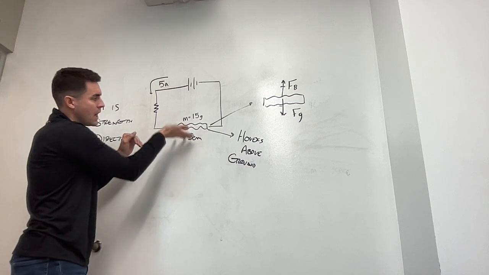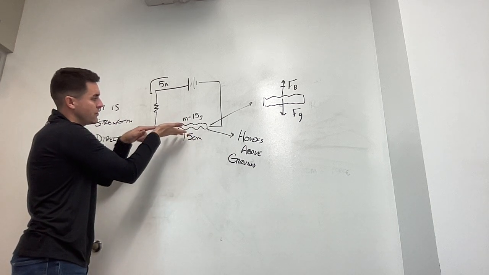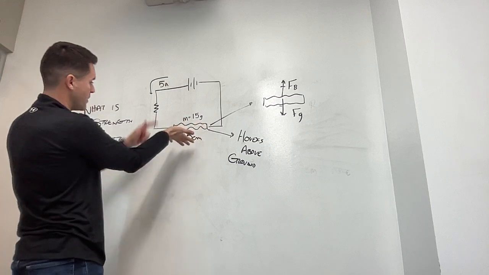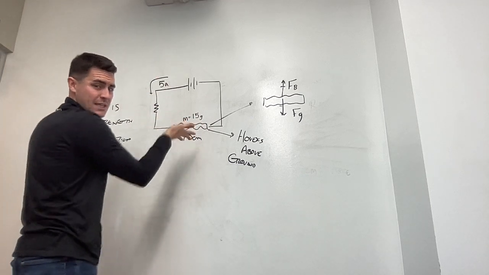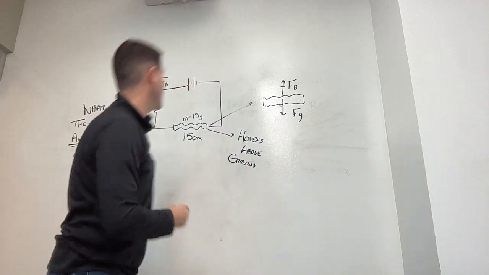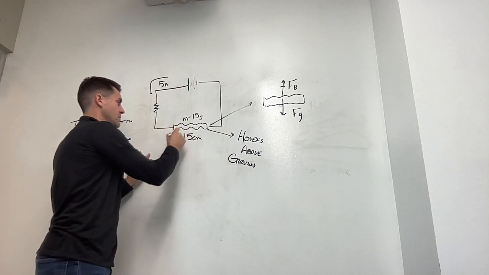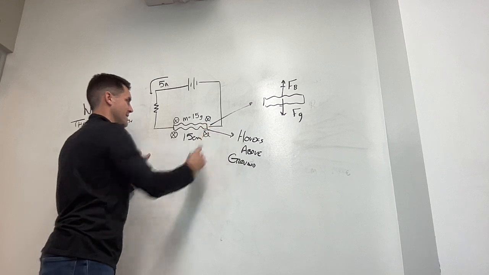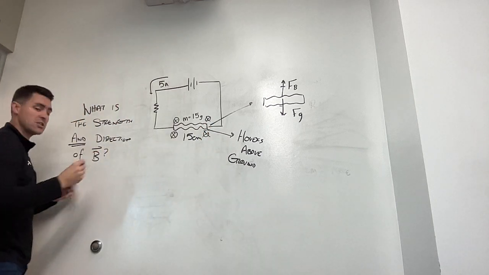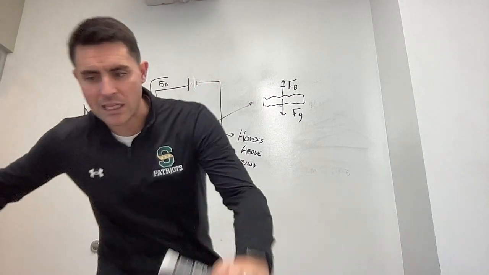So I'm pushing up on this thin conductive material while current goes that way. If I'm going to push up and my thumb points that way, my fingers have to point into the page. So I already know right now that my B field is going to be into the page all over the place. The direction is into the page. Check, got that off my list.